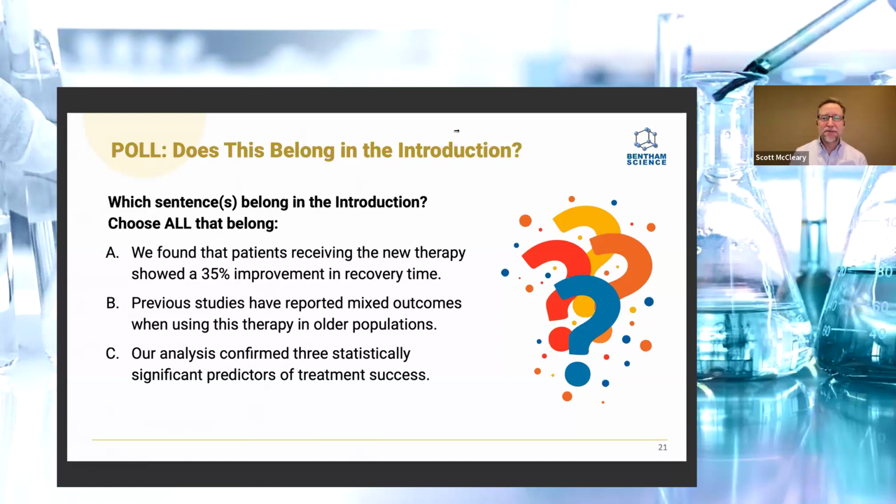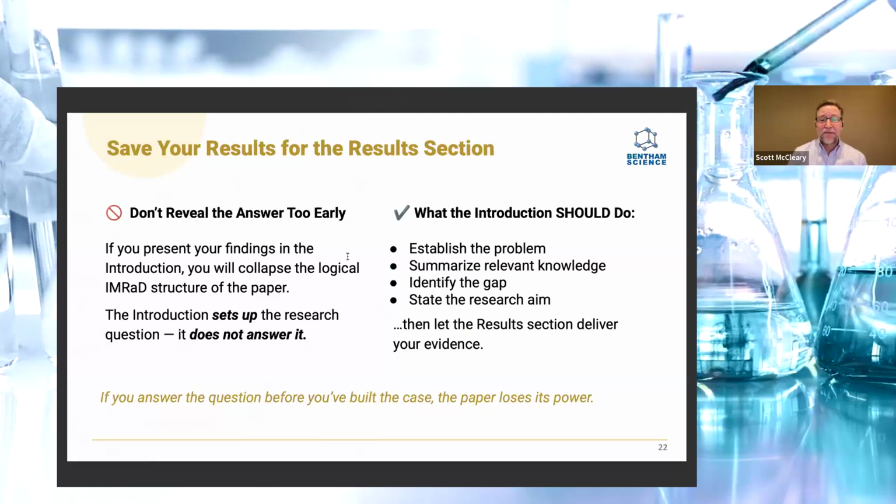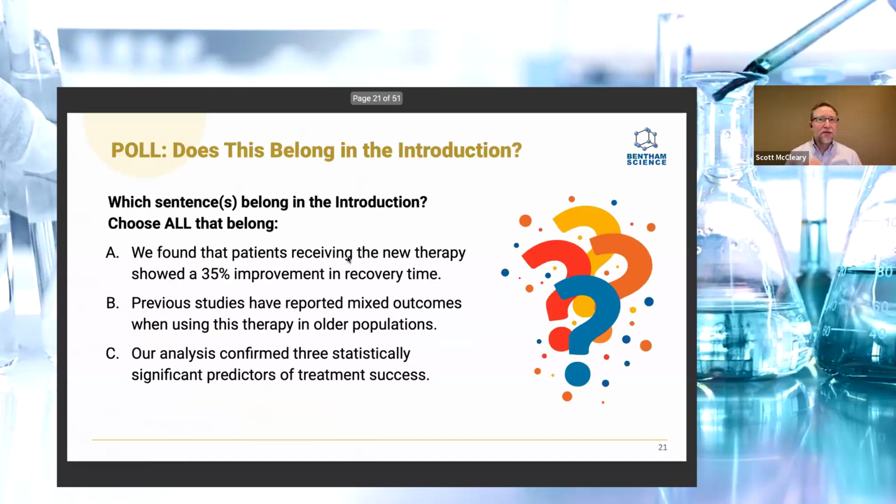Okay, let's share the results. Most of our attendees correctly guessed that B does belong in the introduction. Previous studies have reported. So the question is, why do A and C perhaps not belong here? Well, if you look at choice A, this is a result. So naturally, that would probably best belong in the results section, right?